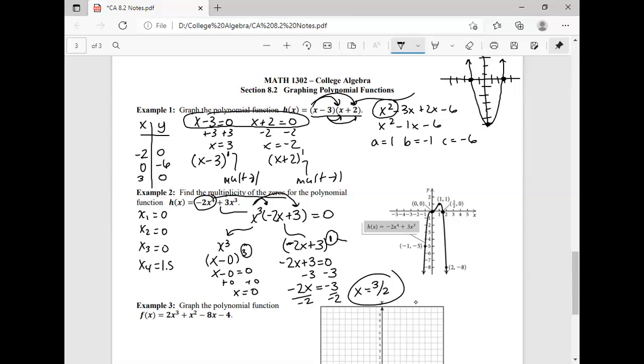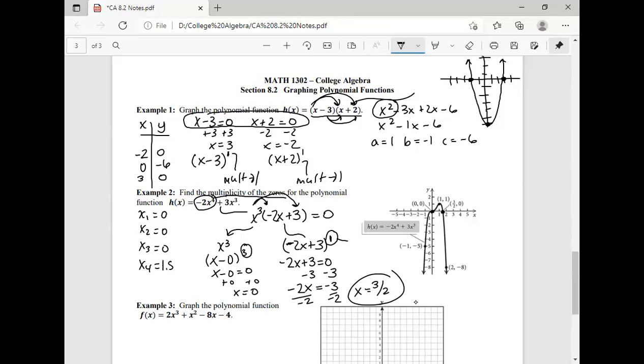So this exponent is a 1, which means it's odd, which means it's going to cross over. If it was even, it would just bounce. At 3/2, it does cross over the x-axis. This 3 is odd, which means that it's going to cross over. It's not going to bounce, and it does. It crosses over the x-axis there.